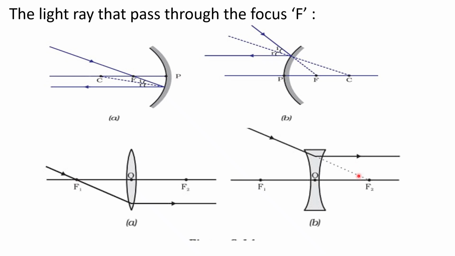So be it a concave mirror, convex mirror, or any lens, convex or concave, the ray that passes through the focus or falls obliquely on this reflecting surface towards the focus will emerge parallel to the principal axis.